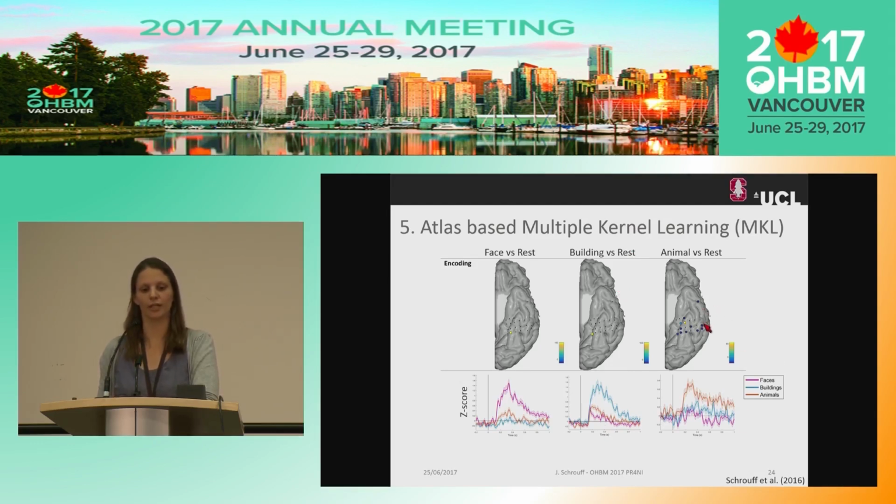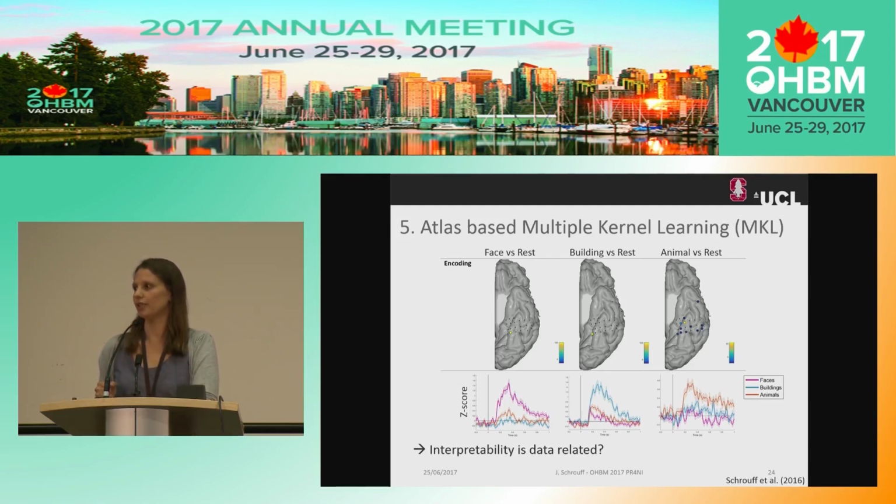For animals, on the contrary, there's not a really good animal region in the ventral temporal cortex, so the model needs to use a few more noisy electrodes to be able to differentiate animals from rest. But the electrode with the highest contribution is also clearly selected for animals. We discuss neuroimaging a lot, and most of our talks are geared towards fMRI, but interpretability might also be data related.